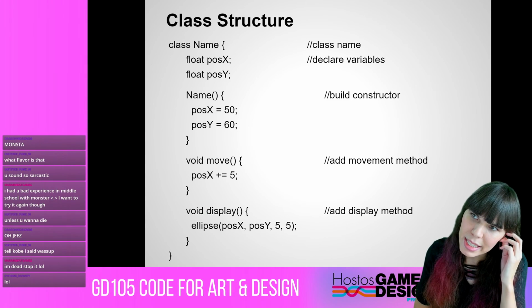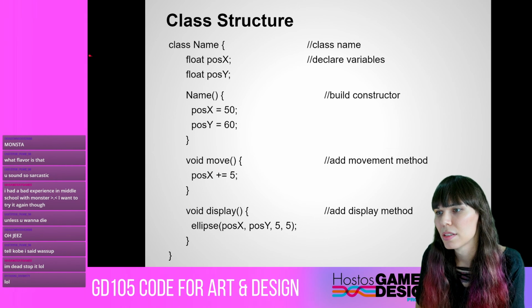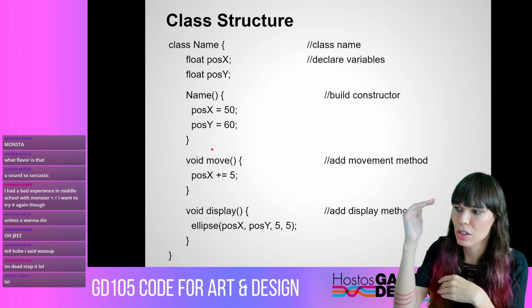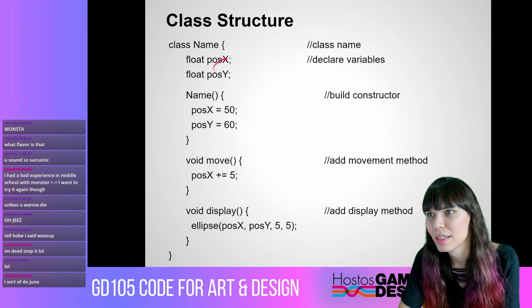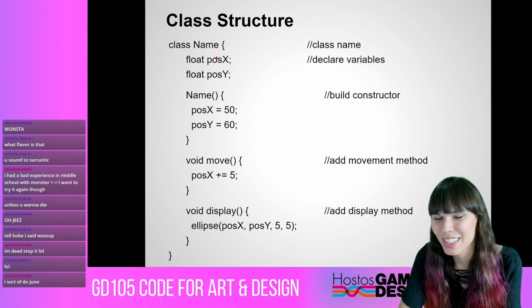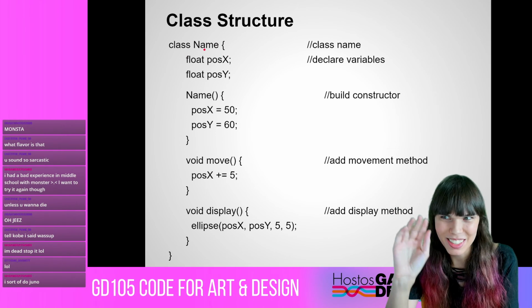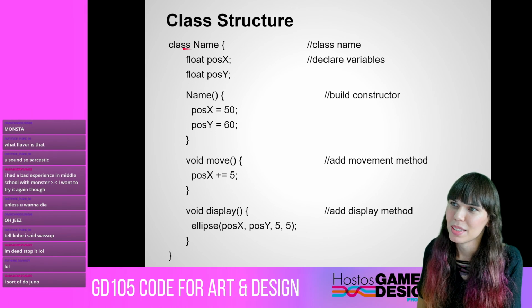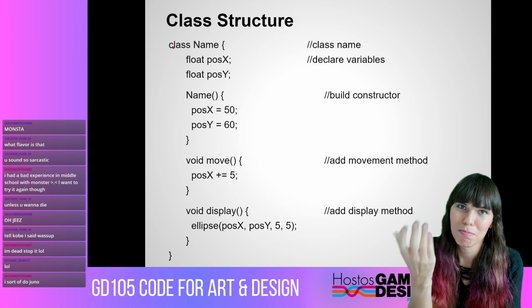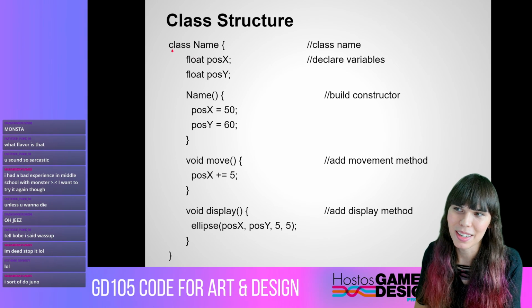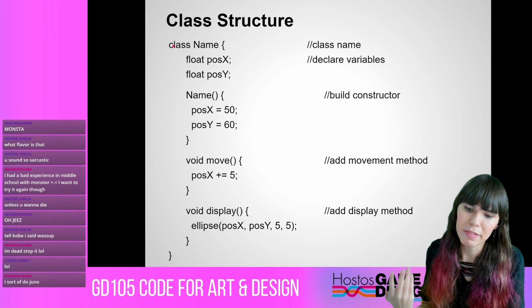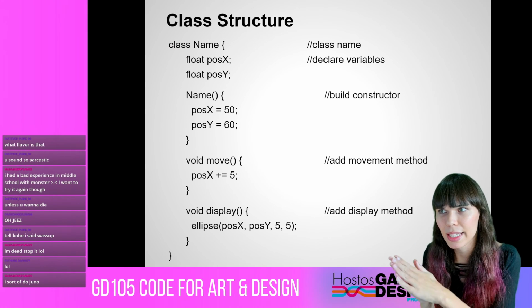So if we're looking at the sample structure for a class, it will look like this. It's very similar actually to our sketch overall. So we have, first of all, the class. We're declaring a class, and we use class because that's the type of thing that we're declaring, similar to how you have a variable and you use the type and then you give the name.